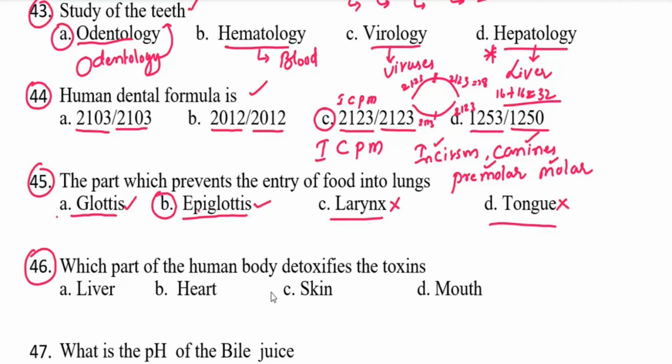Which part of the human body detoxifies toxins? The options are liver, heart, skin and mouth.